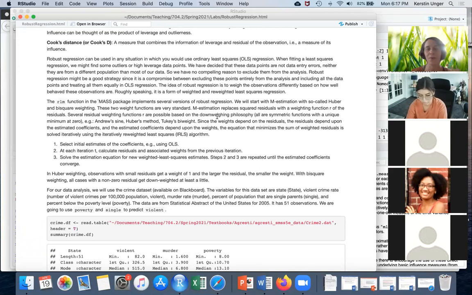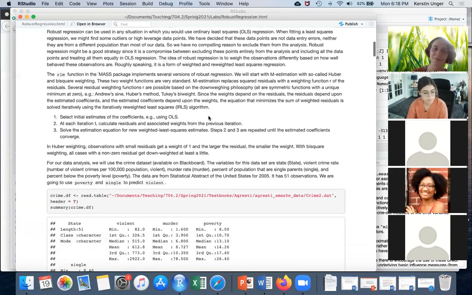And then you rerun your regression, and you do the same thing. At some point, the coefficients won't change anymore, they will converge, and at that point the algorithm stops. So that's what this iterative estimation procedure is like.